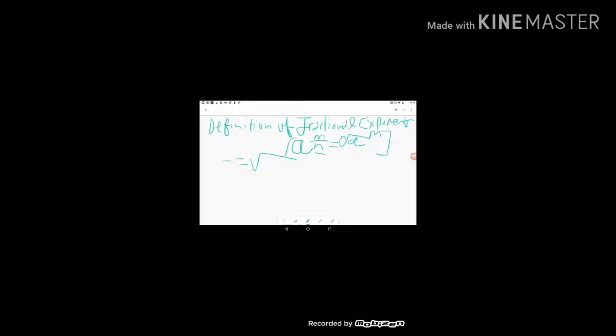Okay, next example. Now, let's say you had x raised to the half power. And again, they want you to rewrite it as a radical. So, remember, you take your n, which in this case is 2, set it equal to the root. So in this case, it's going to be the square root of, you're going to take your a, which is x, and set it in the radical.